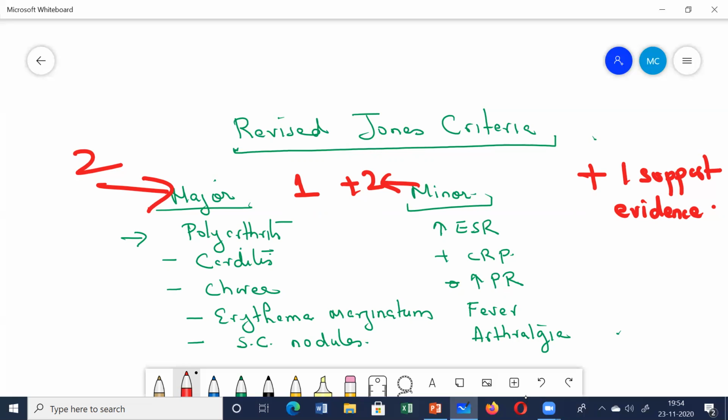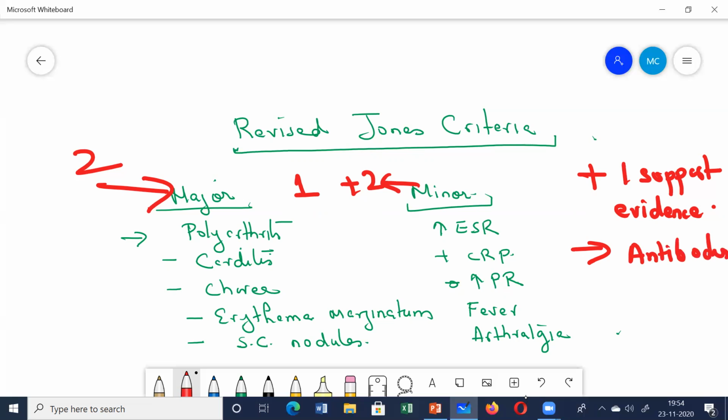Now, how will you confirm that the patient had a preceding streptococcal infection or not? That is the antibody tests. The increased streptococcal antibodies, the serological tests.